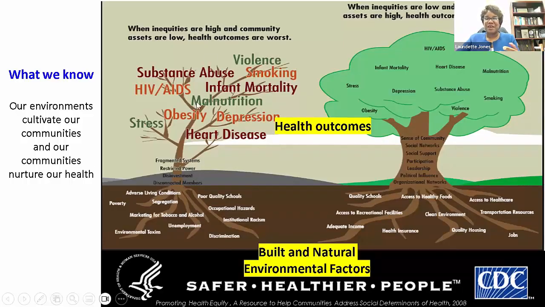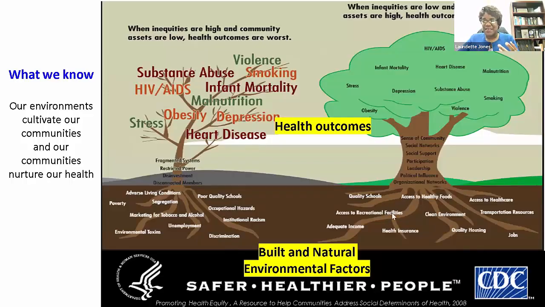And the caption above this tree says, when inequities are high and community assets are low, health outcomes are the worst. But what's interesting is that the tree to the right, which has all these flourishing leaves, has exactly the same health outcomes, like stress and obesity and violence, but they really are small, and they pale in comparison to the striking statistics that we hear about often arising from some of these environmental factors.